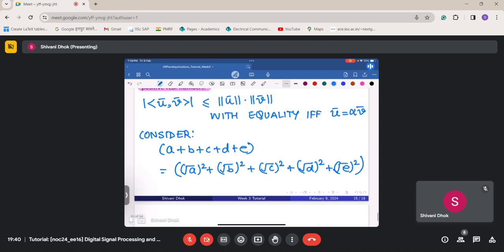Now this is equal to finding the inner product of these two vectors, or rather the inner product of this vector with itself.